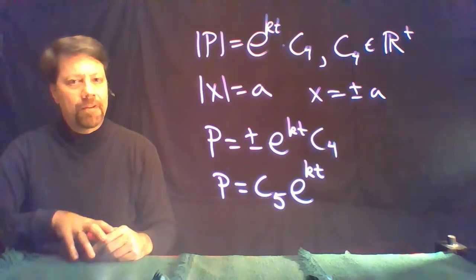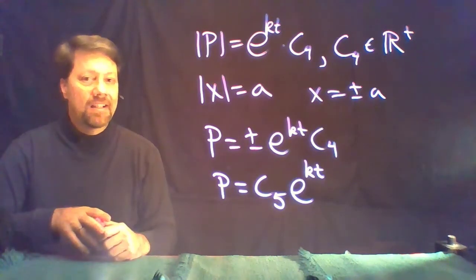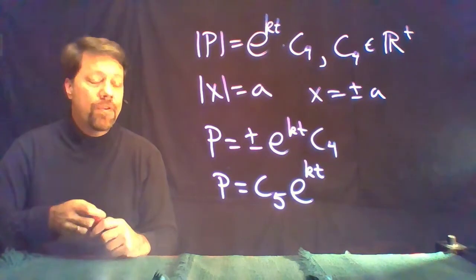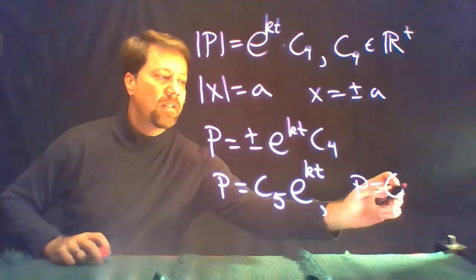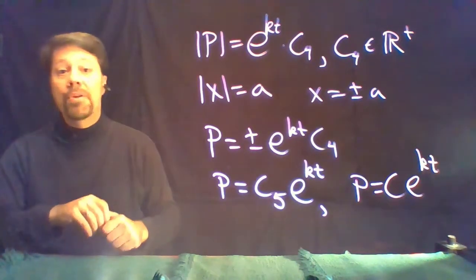Now, we've been careful making distinctions between each of the arbitrary constants in this particular derivation. However, in the future, we're just going to call all of these constants C, allowing for an abuse of notation.